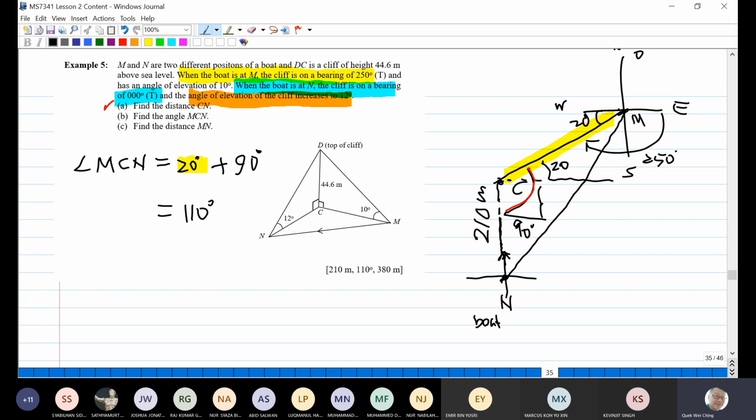Finally I need the distance MN, so I need to know what MC is. How to find MC here? You can draw another triangle.